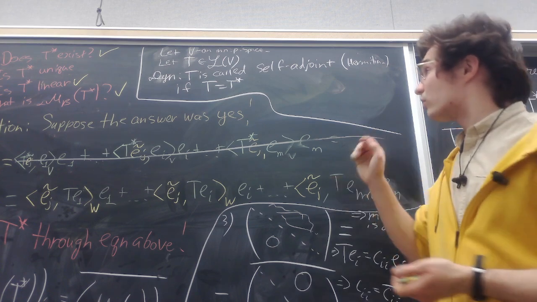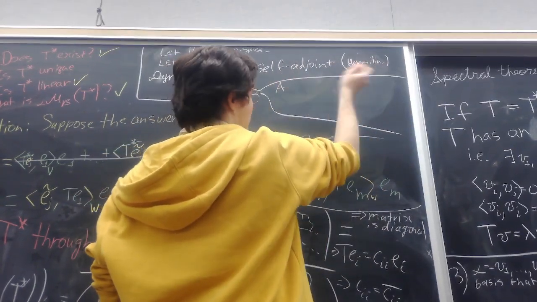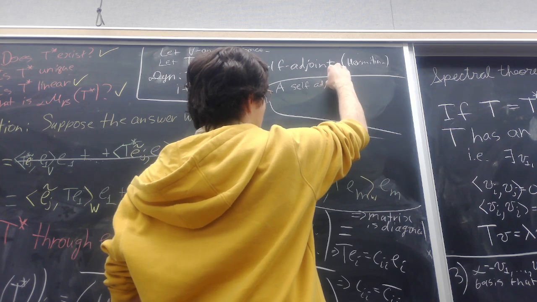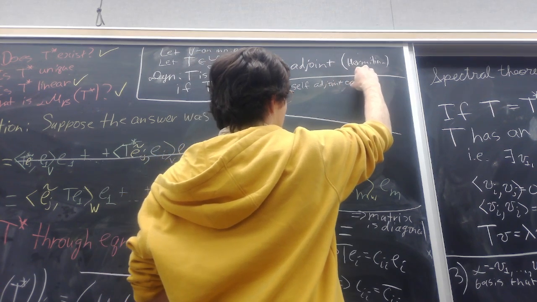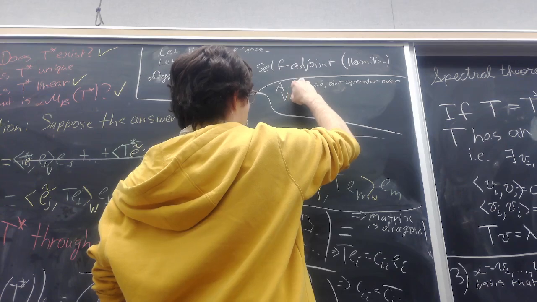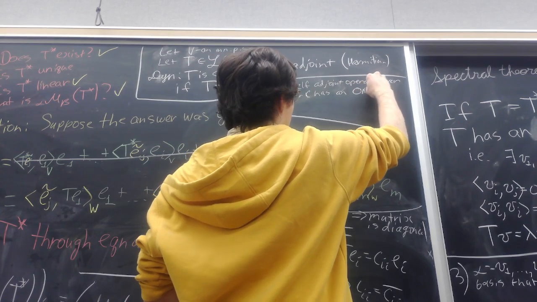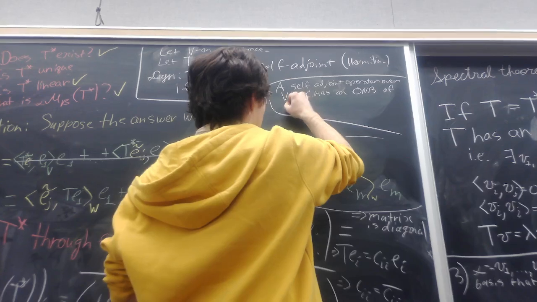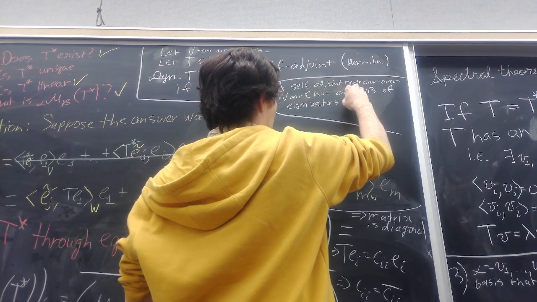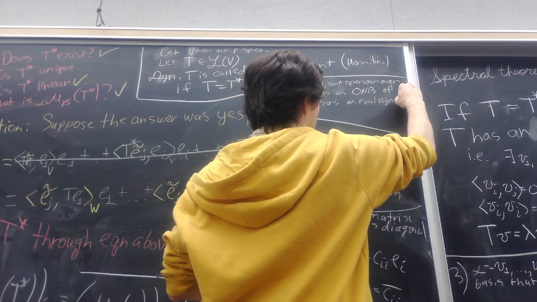So now we can actually rewrite this theorem. This theorem can be rewritten as: a self-adjoint operator over V, which is over C, has an orthonormal basis of eigenvectors with real eigenvalues.